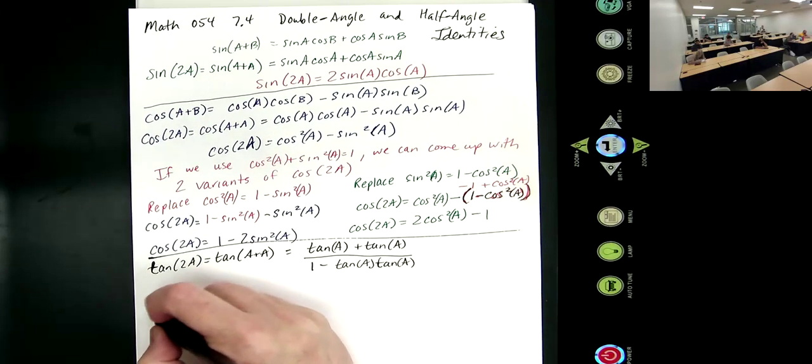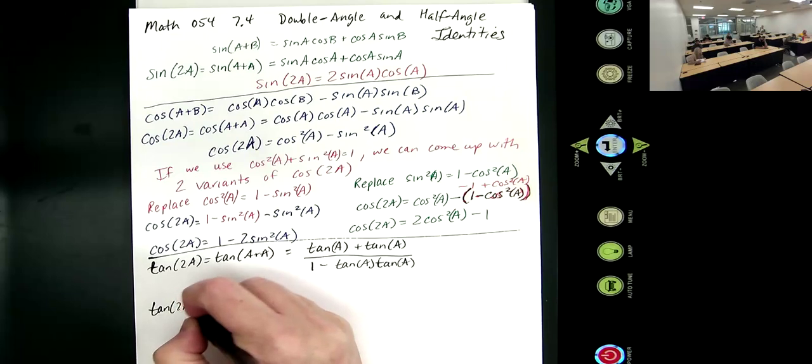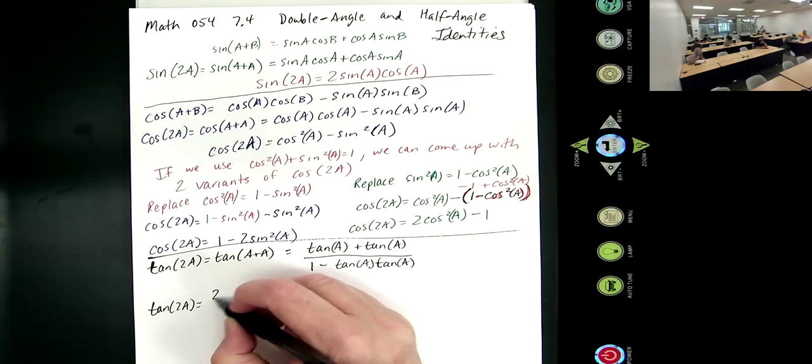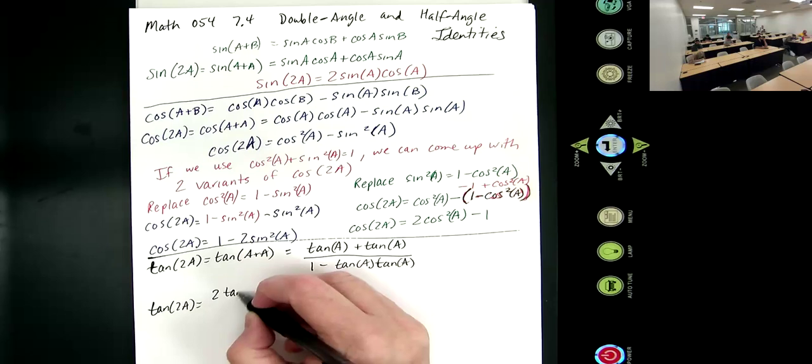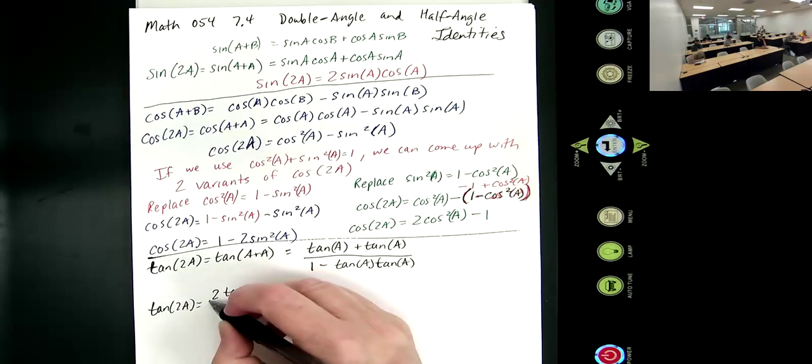So tangent of 2a is 2 tangent a over 1 minus tangent squared a.